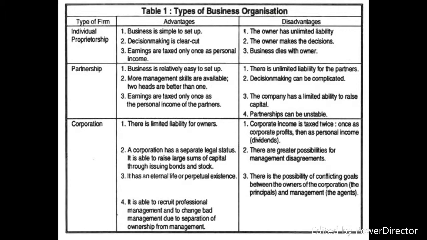A disregarded entity is treated as a sole proprietorship if it is owned by an individual, or as a branch or a division of a corporation if owned by a corporation.